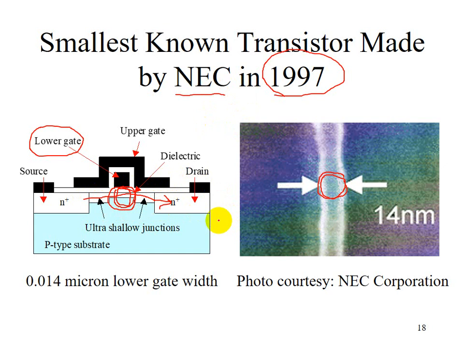Right now, we're pursuing 3 nanometer or 2 nanometer in the future. So we came down from 14 nanometer in 1997 to right now about 2-3 nanometers.